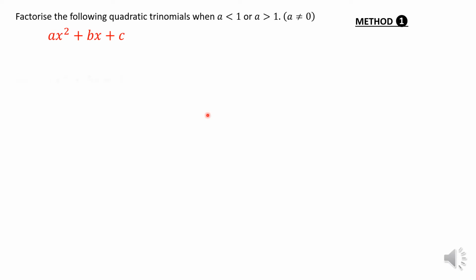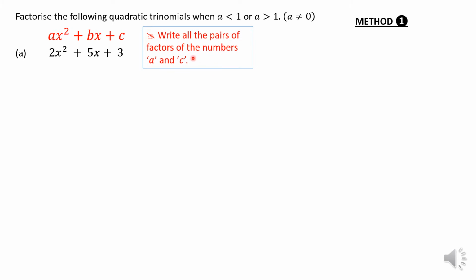But let us bring in our expression. So our a is 2, our b is 5, and our c, very important, is still positive. So because our c is positive, I know that my brackets must contain two positives here. Okay, but we have a little problem here. This is not 1, so we now have to find the factors in pairs of a and the factors of c, which is 3 here.